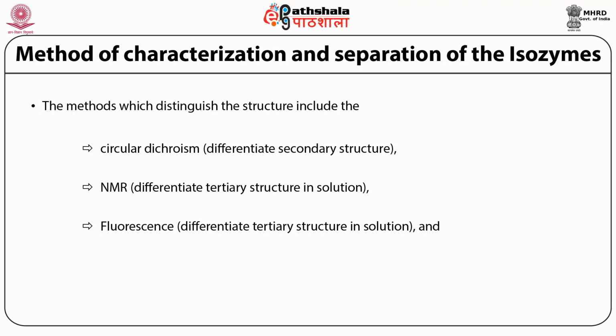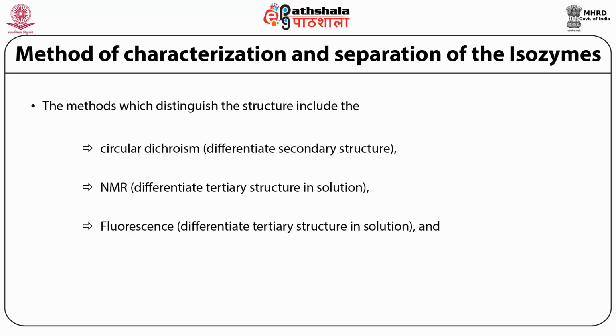So, if there is a variation in the sequence of two different isozymes, then there is a variation in the fluorescence of the tryptophan. So, that will be used as a probe to monitor the differences in the tertiary structure of isozymes. Therefore, fluorescence can be used to distinguish two different isozymes.